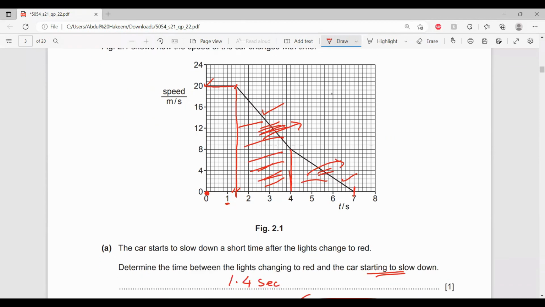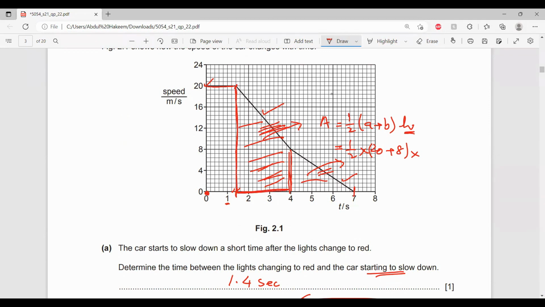So first, the area of the trapezium is 1 by 2, sum of parallel sides, times height. 1 by 2, this side is 20 and this parallel side is 8. So 20 plus 8, multiplied by the height, the distance between the 2 parallel sides.